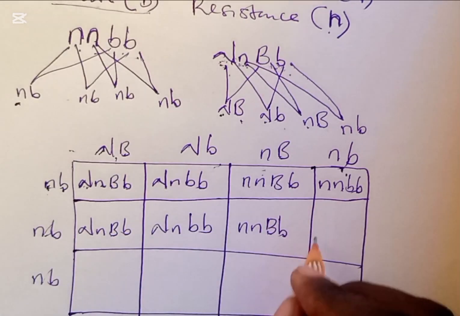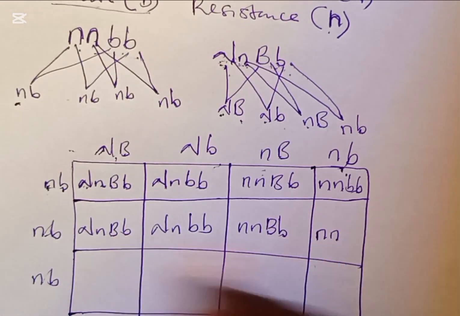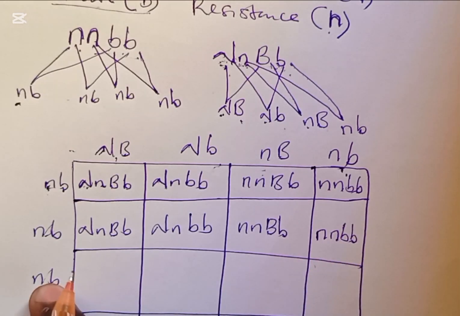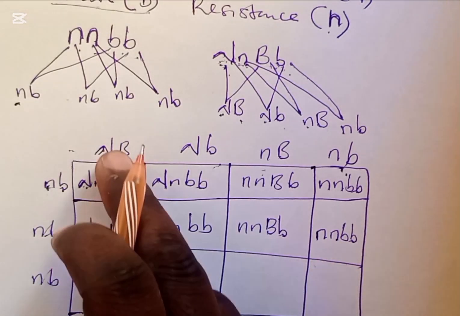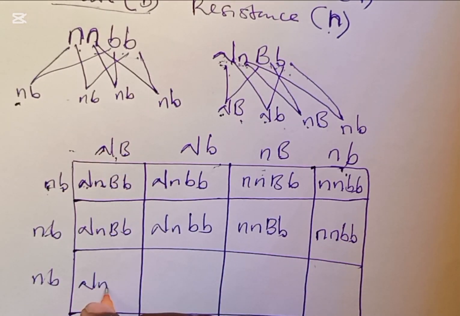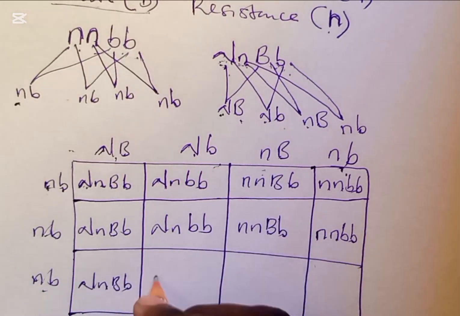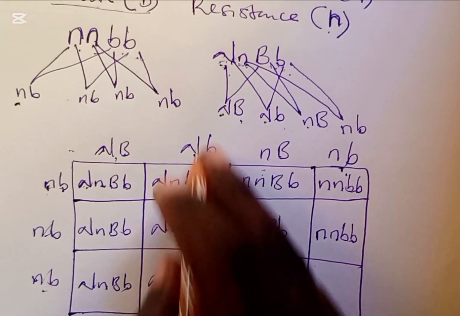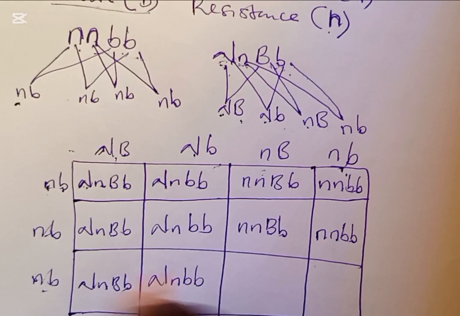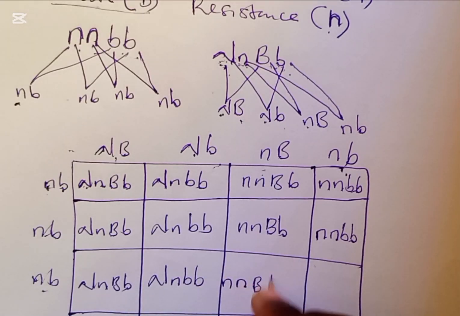This and that, small n, B, B. This and this, capital N, small n, capital B, small b. This and that, this and this is going to give you this, and then here, small b, B, small b, B. This and that, small n, and then capital B, small b.